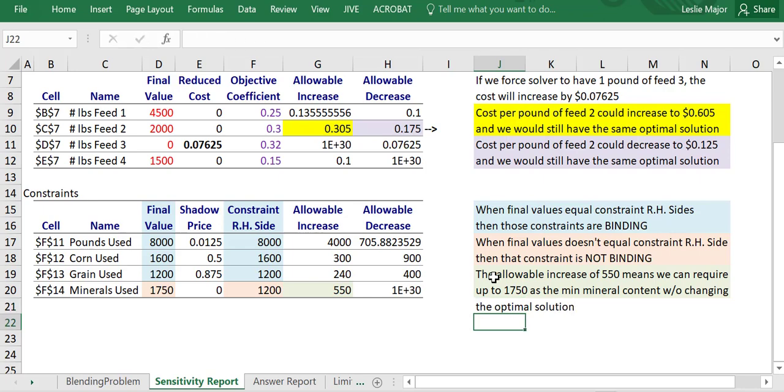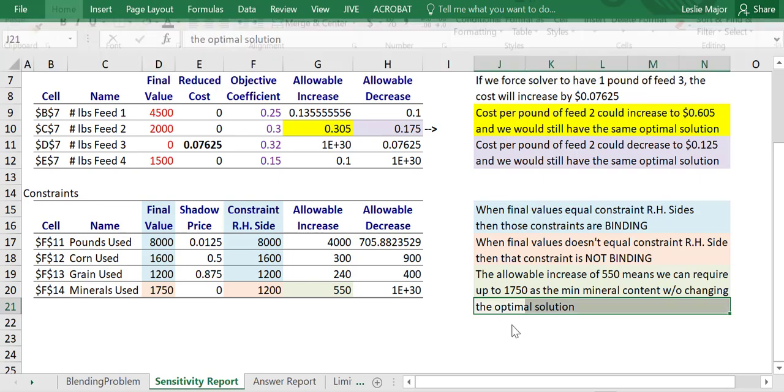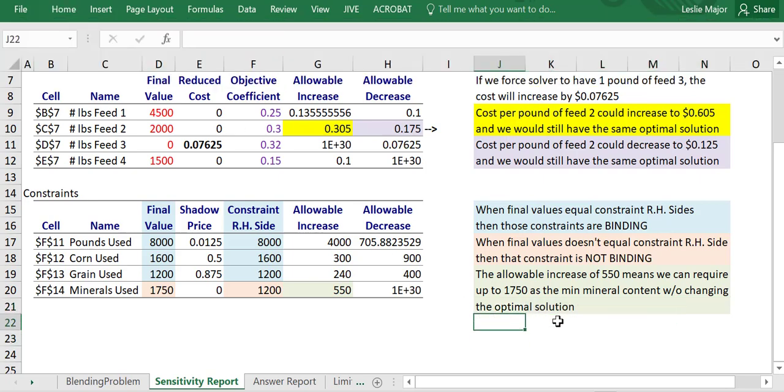That's how much we can make that right-hand side go up to. We can make it increase by 550, which would put us at 1,750, and we still get the same optimal solution as before.